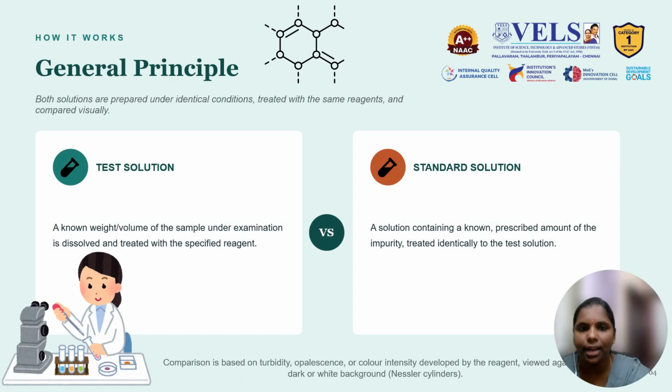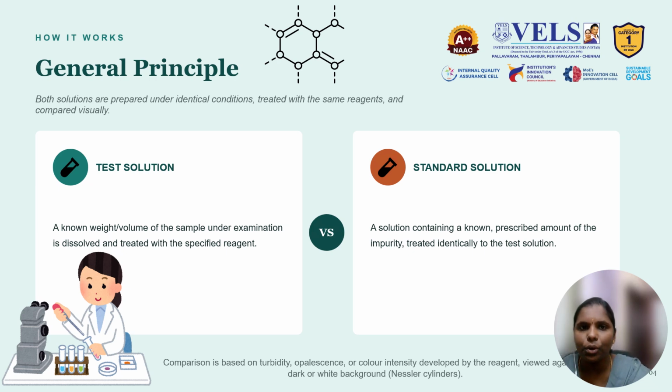Moving on to the next slide, all the limit tests follow the same basic principle. We prepare the test and standard solutions under identical conditions. The same reagent is added to both the solutions. The reagent produces either turbidity, opalescence, or color. The intensity produced in the test solution is then compared with that of the standard solution.